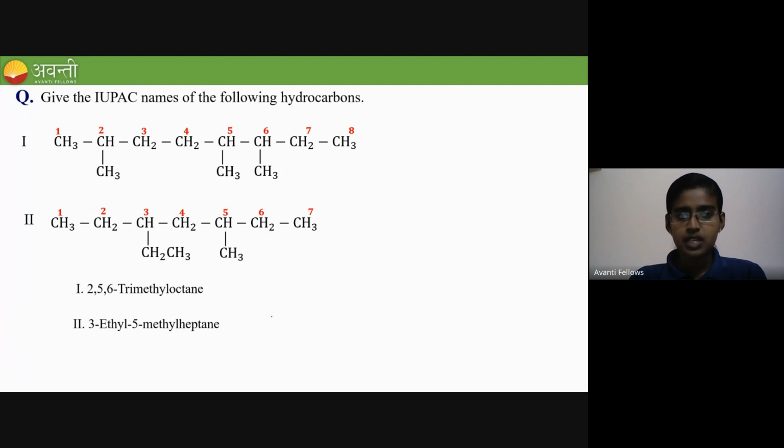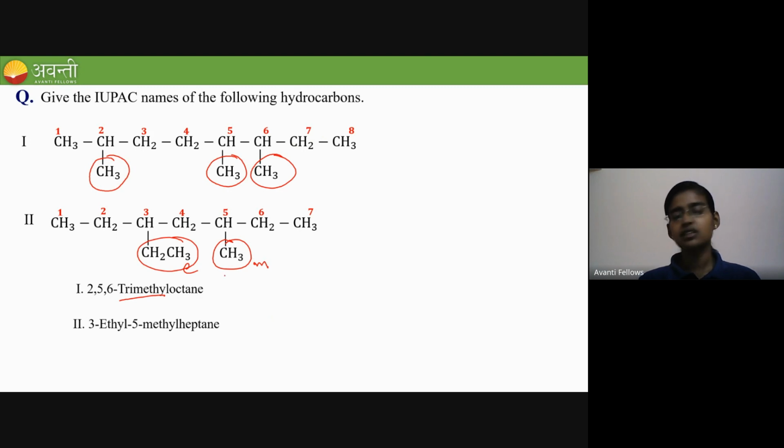You can see two compounds and the names are also shown to you. The parent chain is found and there are 3 methyl groups attached at the second, fifth and sixth positions. So 2,5,6-trimethyl octane. And here there is ethyl and here it is methyl, so go with alphabetical listing: 3-ethyl, 5-methyl, heptane.